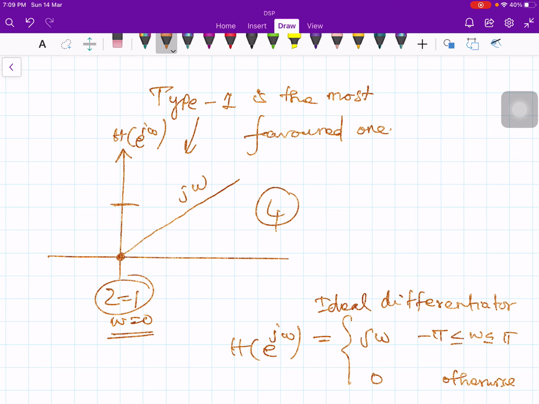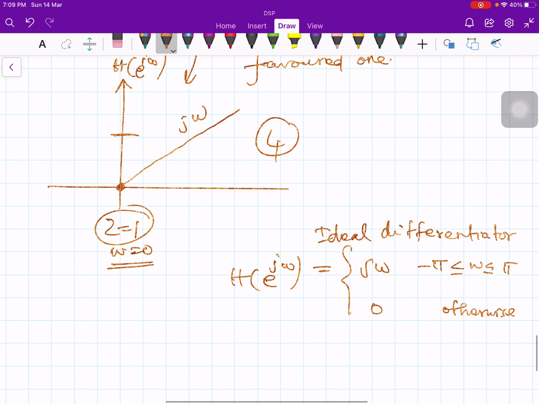So we cannot come to the conclusion that type 1 is a very good filter and type 4 is not. Depending on the situation, the application or the requirement, you will be asked to use one type of filter. So type 4 would be the most suitable one for a differentiator.